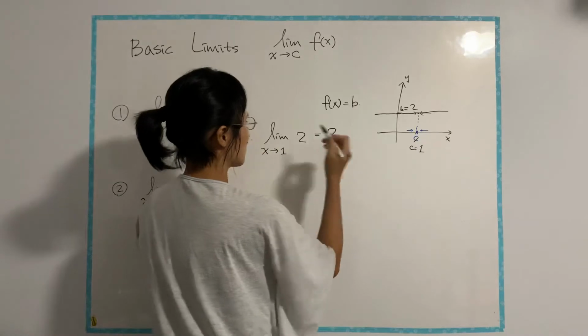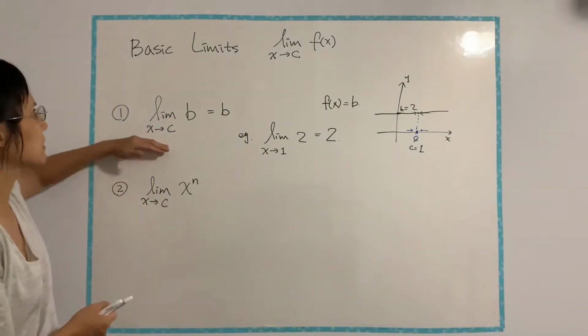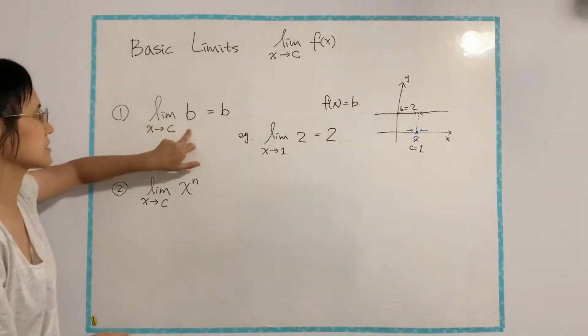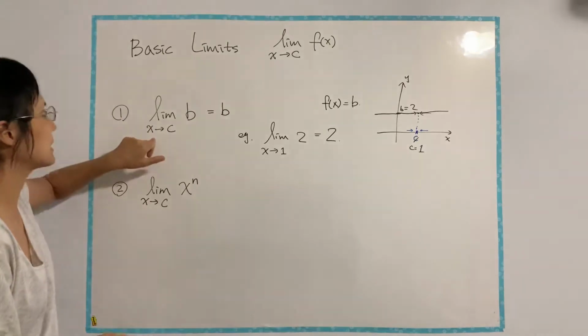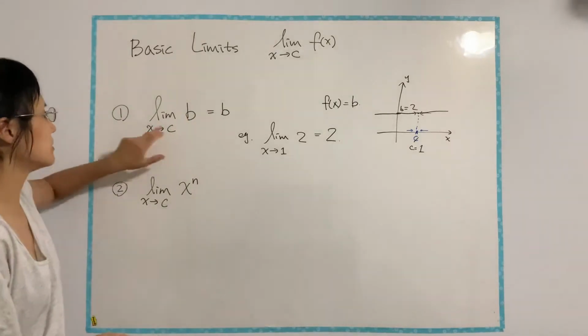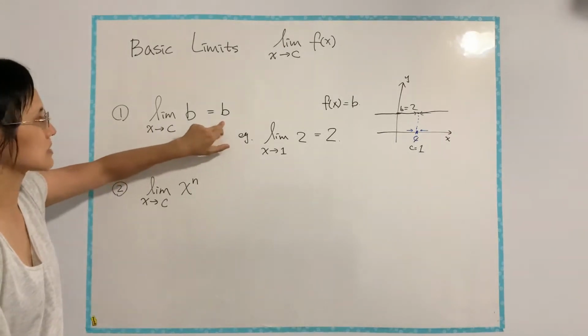So this is 2. Now keep in mind, the first basic limit result is that whenever we take a limit of a constant, it doesn't matter where the c is, the answer is always the same constant b.